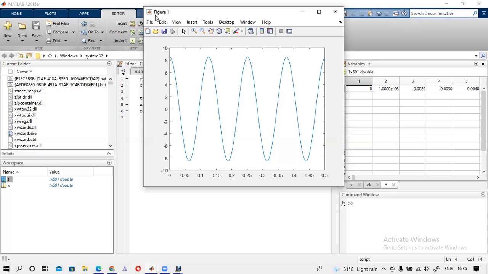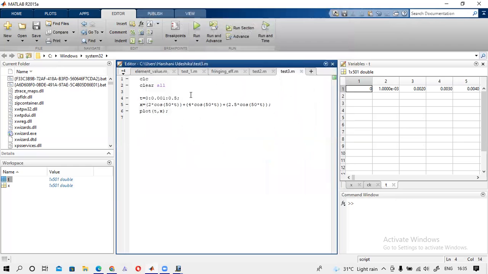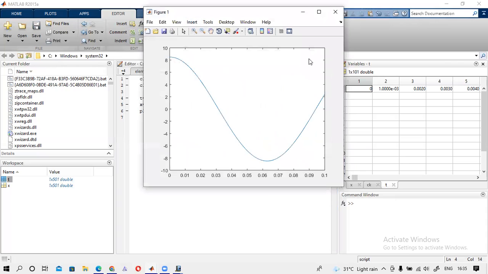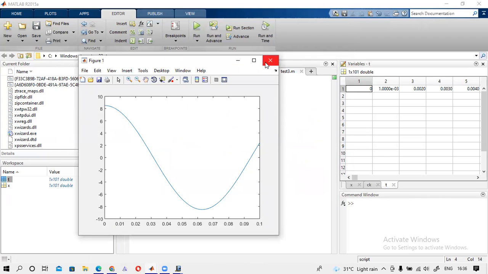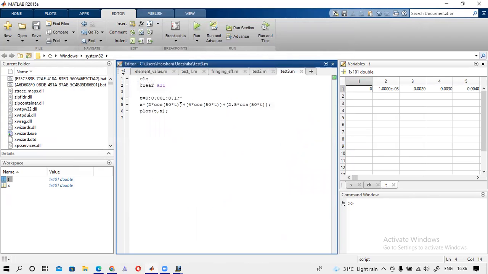if I scale, let me reduce the scale. Okay, oh no, that is not okay, because I can't get a full curve, no? I couldn't get a full curve. So I will get around 0.3, okay, 0.2 maybe.